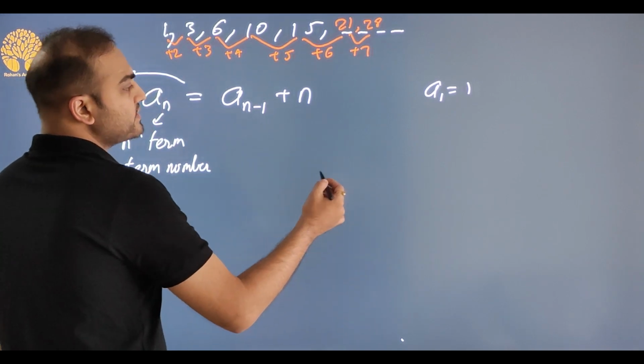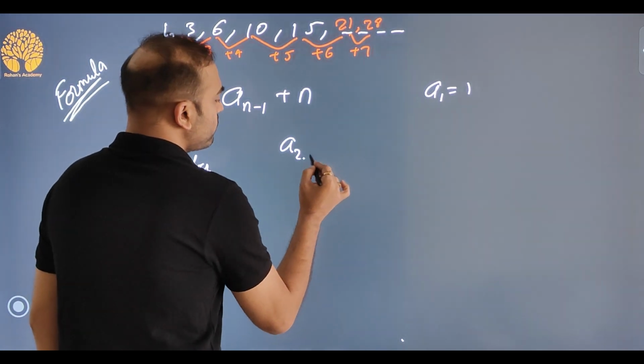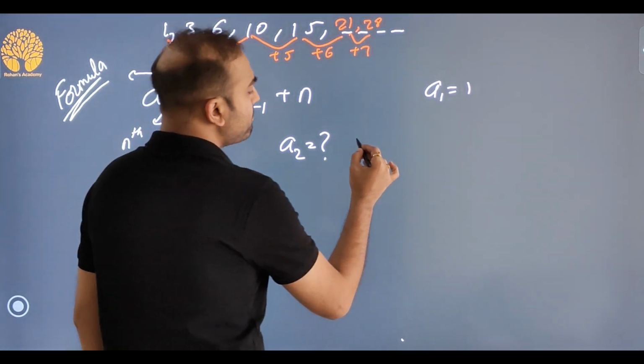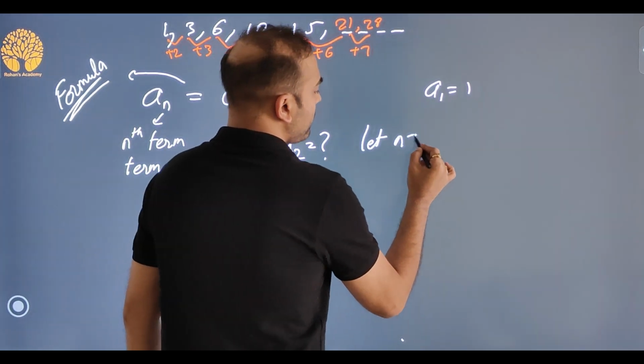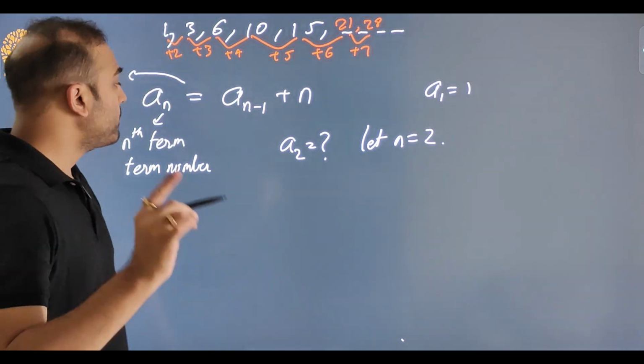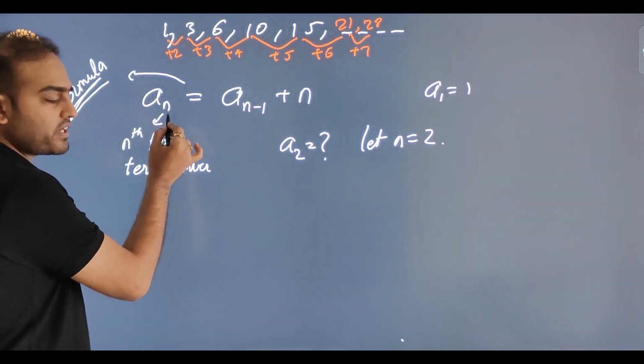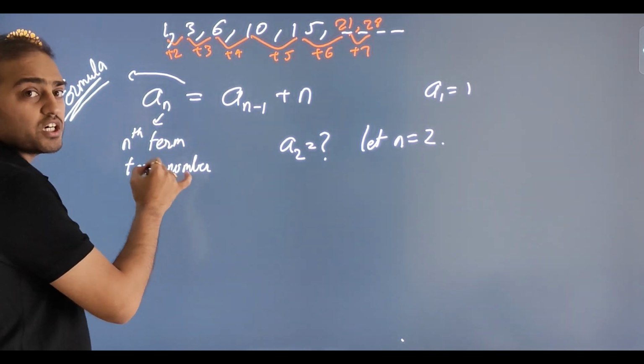Now if you want to find the second term, you simply plug in n as 2, because the significance of n is that it tells you the term number.